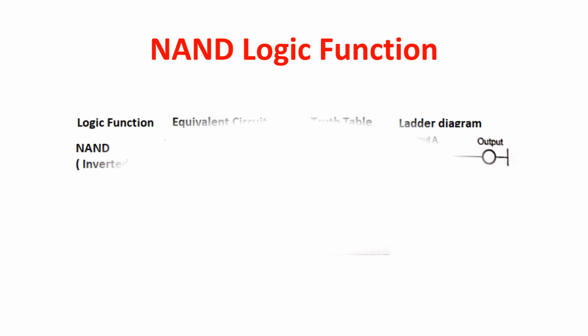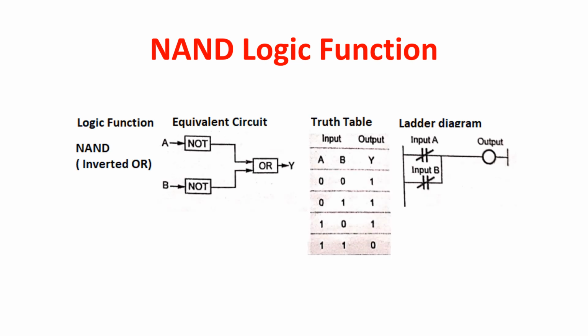Let us discuss the NAND logic function. The NAND logic function is also called the inverted OR function. The equivalent circuit for the NAND logic function is indicated here. The truth table for the NAND logic function is also indicated here. In this truth table, when both the inputs are 0, the output is 1.